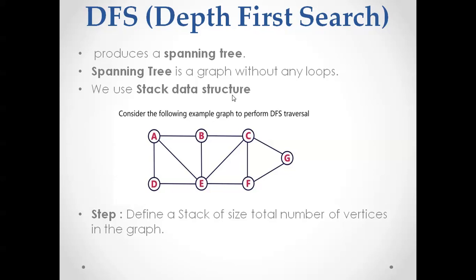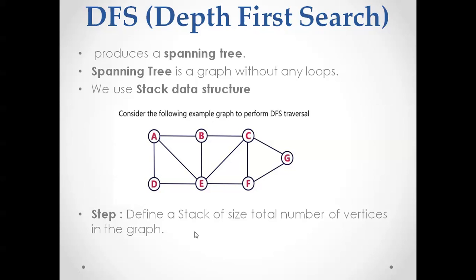Using that number of vertices, we declare the size of the array. Here, 1, 2, 3, 4, 5, 6, and 7. Seven vertices are there. That's why we make the size of the stack 7. Define the stack size as the total number of vertices in the graph.